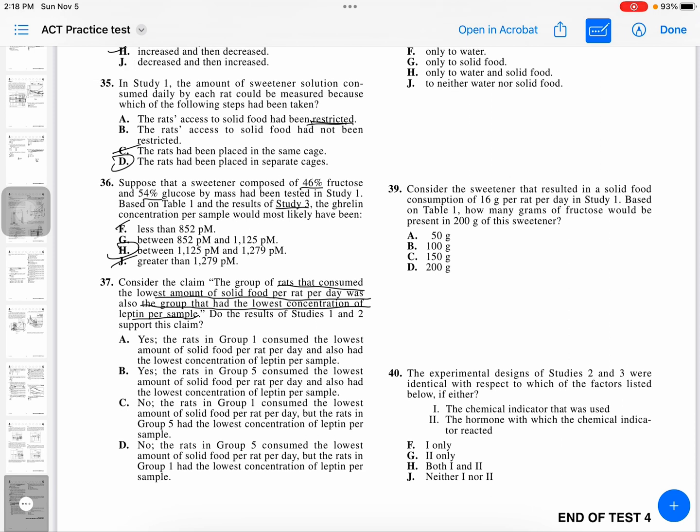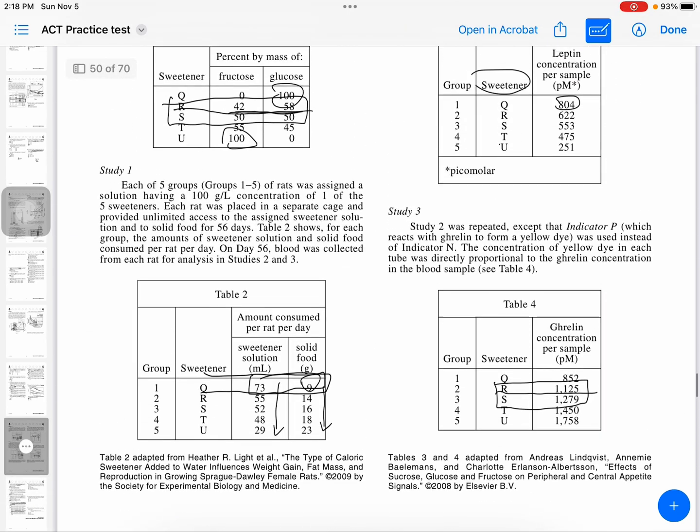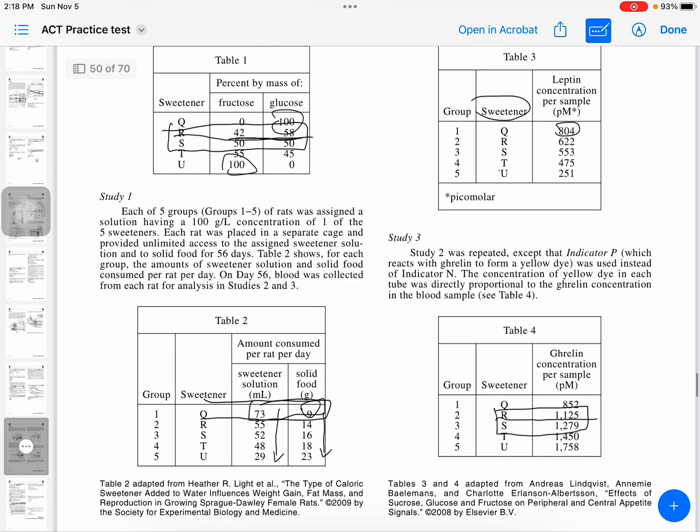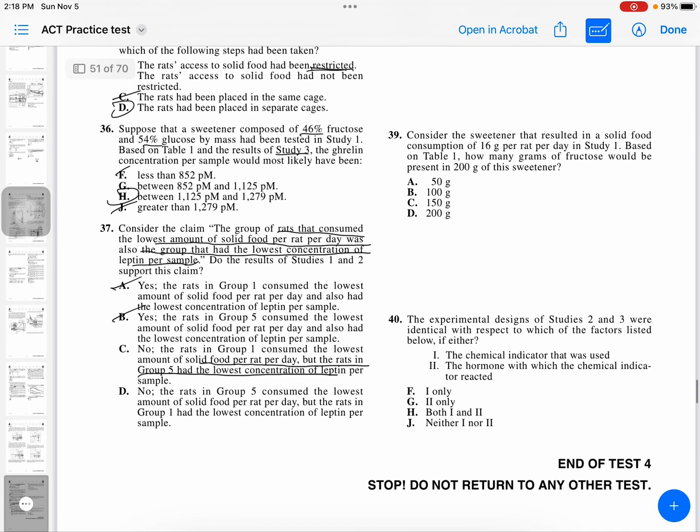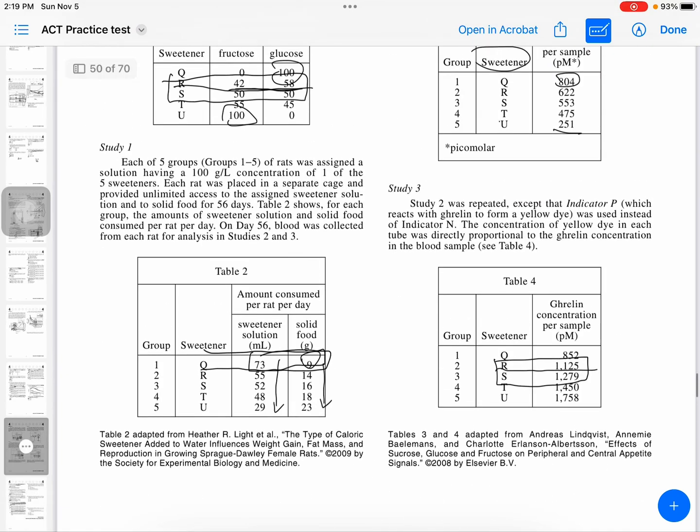Let's see, the lowest concentration of leptin, no, this is definitely a no answer. Rats in group 1 consumed the lowest amount of solid food per rat per day, but the group 5 had the lowest concentration of leptin. Let's see, is that true? Rats in group 1 consumed the lowest amount of solid food.